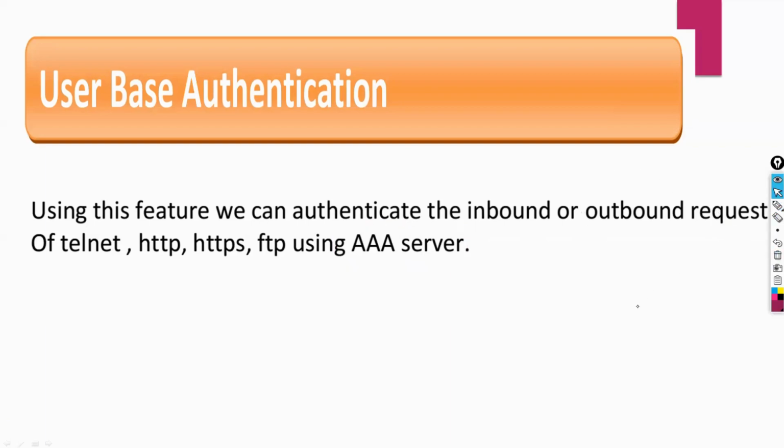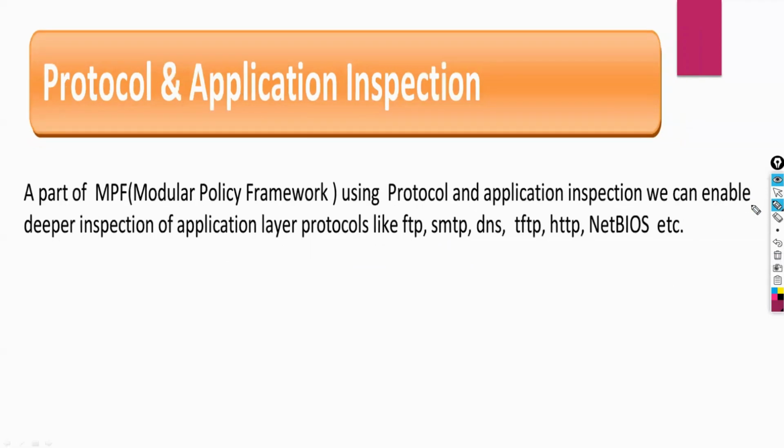Now we can focus on protocol and application inspection. Cisco ASA firewall is not a next generation firewall, but yes, it can inspect protocols and applications, but not in depth. In Cisco ASA we can discuss a concept called Modular Policy Framework.